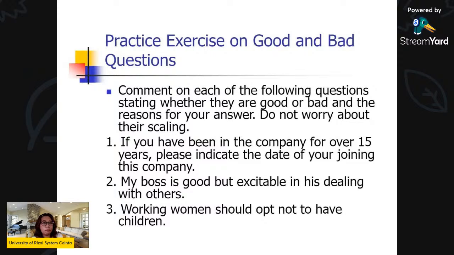Number 2 example, my boss is good but excitable in his dealing with others. Number 3, working women should opt not to have children. So, yun yung mga good and bad reason of question na pwede natin ma-identify in a comment pero hindi part ng scaling.